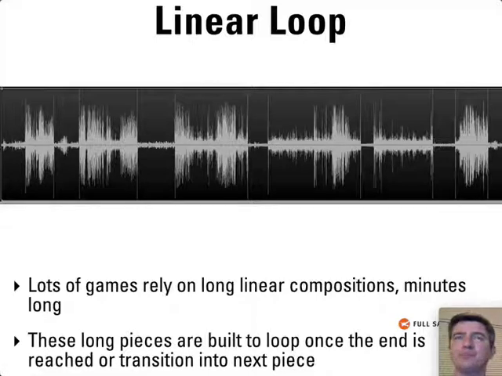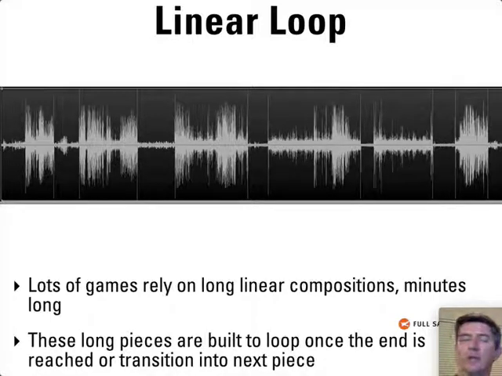And this means longer loops will allow for less repetition. Games can easily have loops that last minutes, even 5 or 10 minutes long, so that you can reduce repetition as much as possible. And maybe the game can start and stop that loop in different places so as to give some variation whenever it's heard.